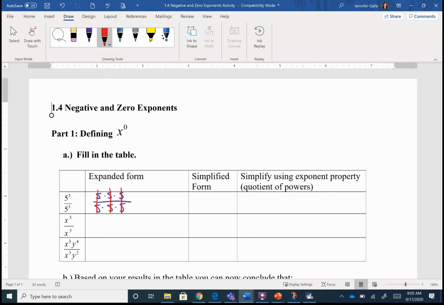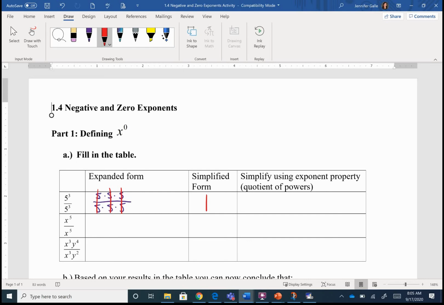Remember, when we did this with our division property, our quotient property, I was very careful to say that they simplify, not cancel. Canceling means I end up with a 0. Simplifying means I end up with a 1. 5 divided by 5 is 1, not 0. So if I simplify that out, I end up with a 1.